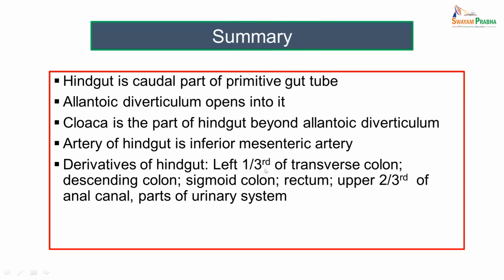The right 2/3 of transverse colon develops from midgut, while the left 1/3 of transverse colon is derived from hindgut. You also need to note that the upper 2/3 of anal canal develops from the primitive rectum part of hindgut, while the lower 1/3 of anal canal develops from the ectoderm of the proctodeum.